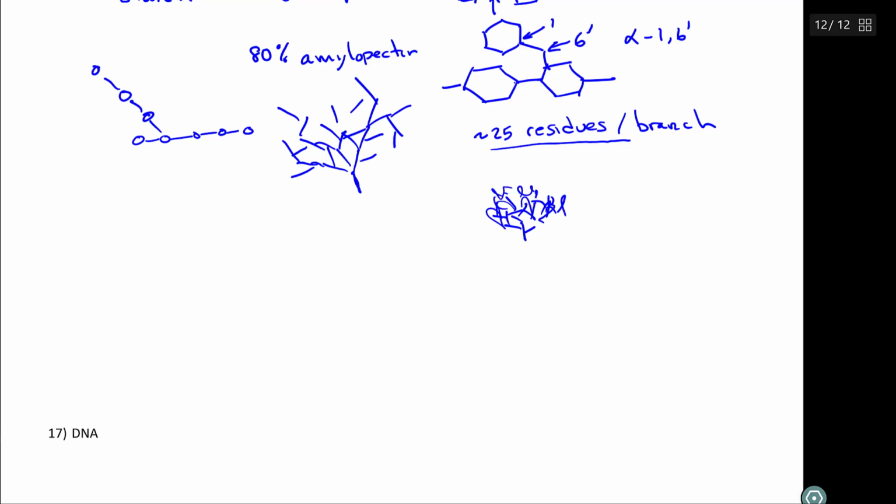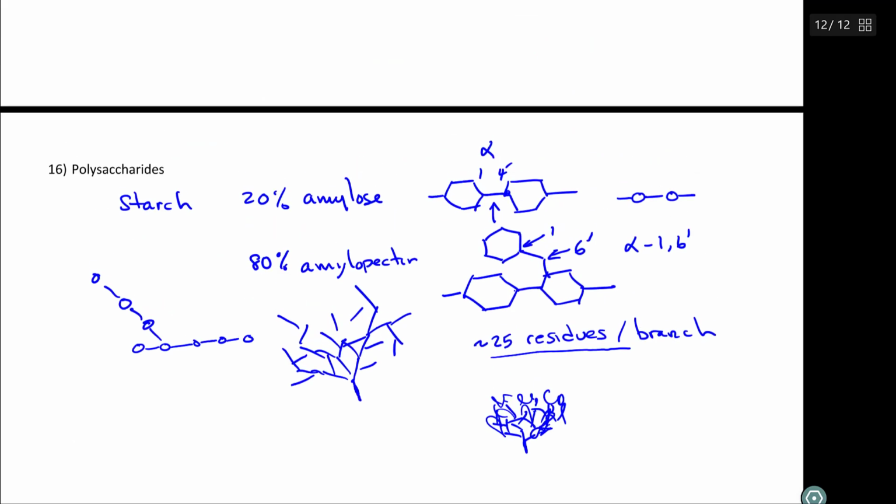I often refer to this as a survival tactic for animals versus plants, because the ends of the polysaccharides are where the glucose comes off to give you energy, and the more ends you have, the more quickly you can access that energy. As I explain to people, in a plant like a potato, you have amylose and amylopectin.